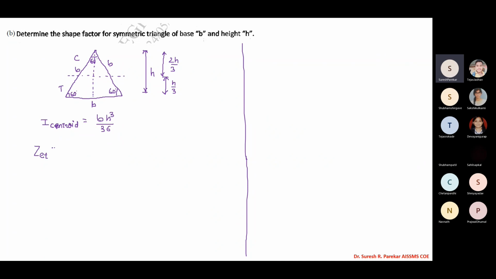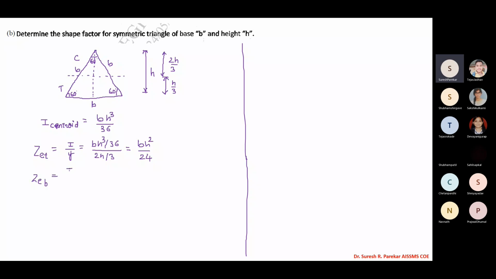So we have ZE top, I will say I by Y. I is BH cube by 36 and Y is 2H by 3. And then we have BH square by 24. Check it.